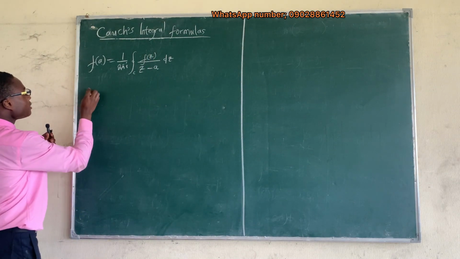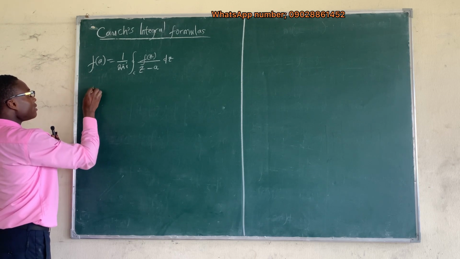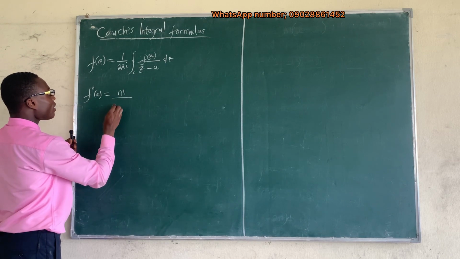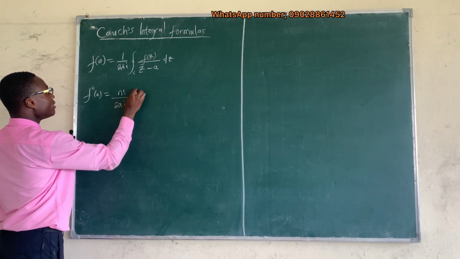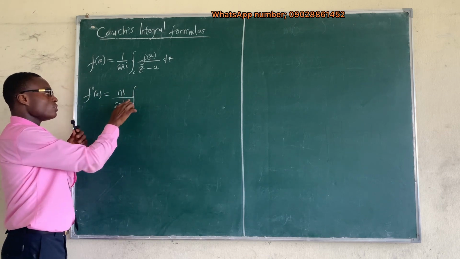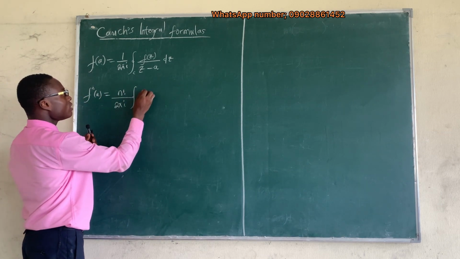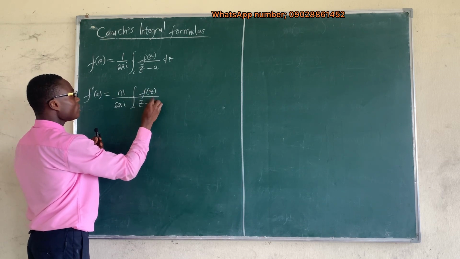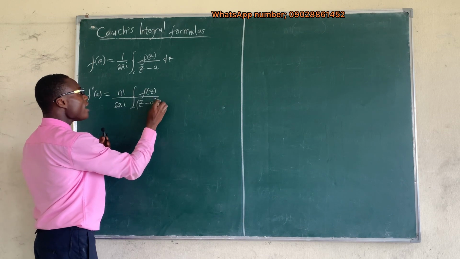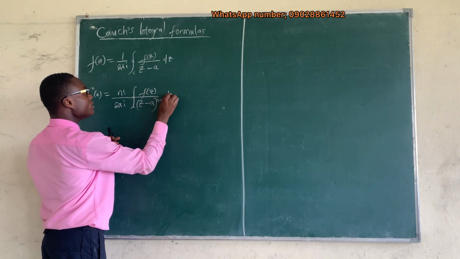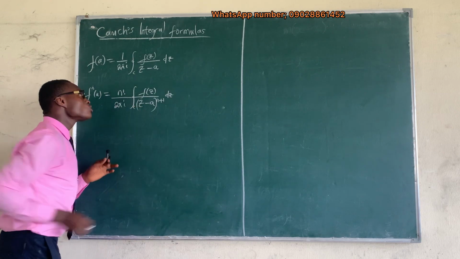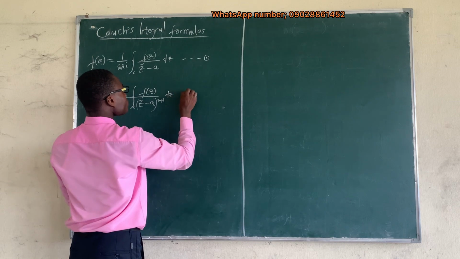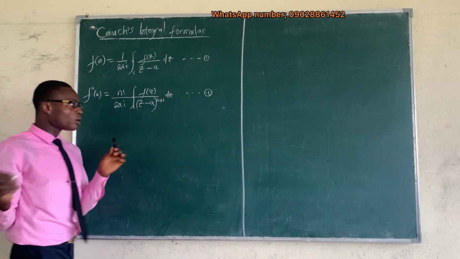And the second formula is f^(n) of a equal to n factorial over 2 pi i, the integral, because the curve is closed, of c, f of z over z minus a raised to the power of n plus 1 dz. So these are the two formulas that will guide us in integrating any question.